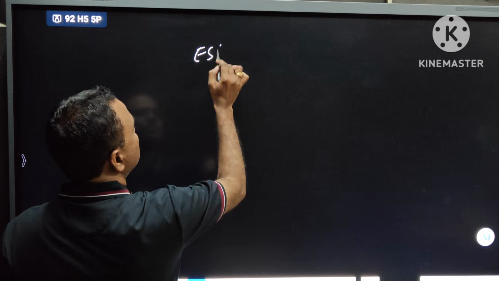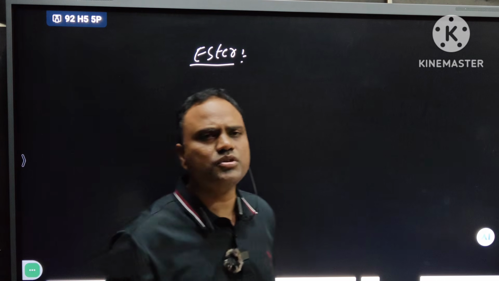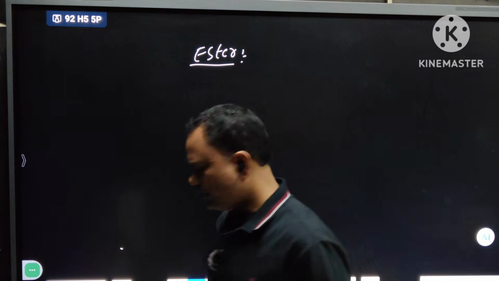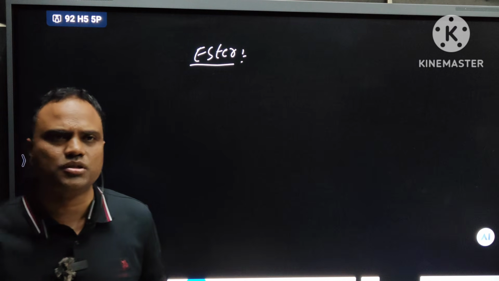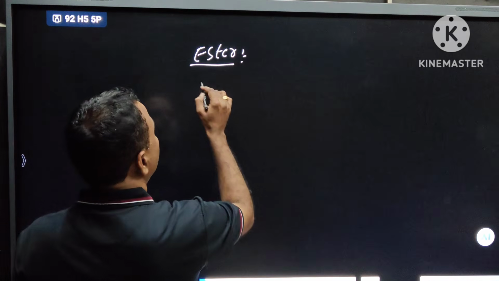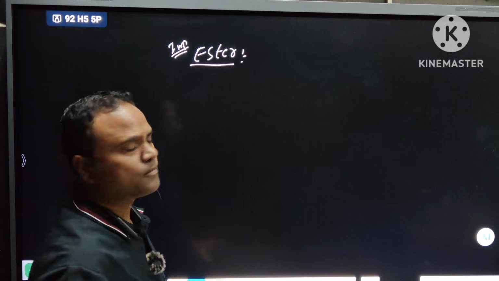One of the important functional groups is esters. Most of the students will get confusion and difficulty in ester nomenclature. Majority of the students. Esters are important also, so you may make mistakes.